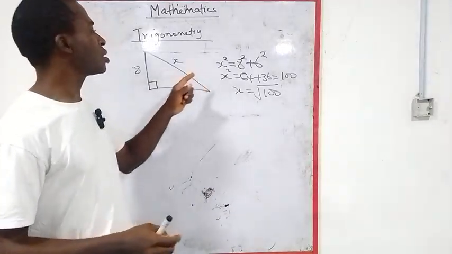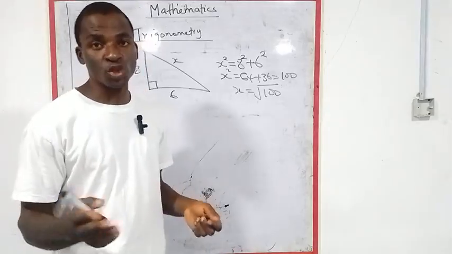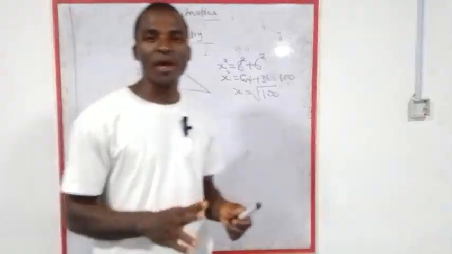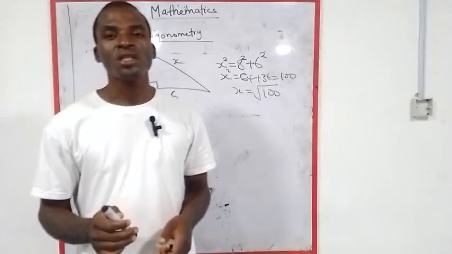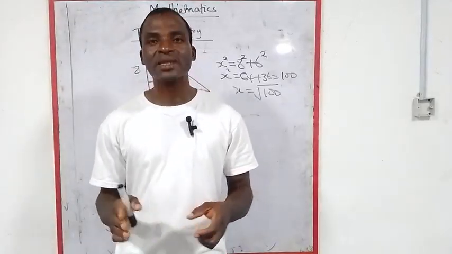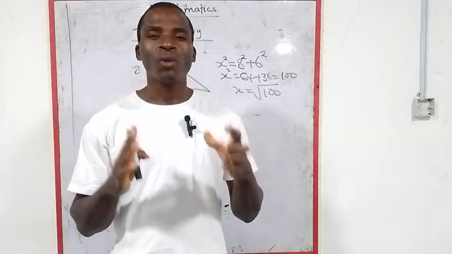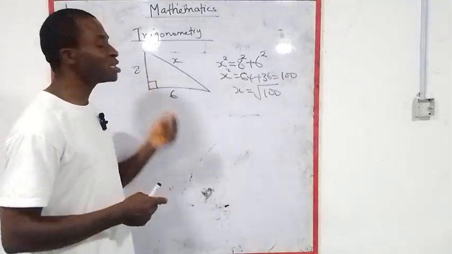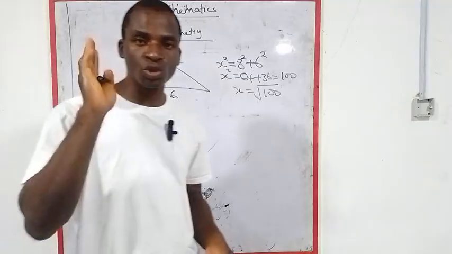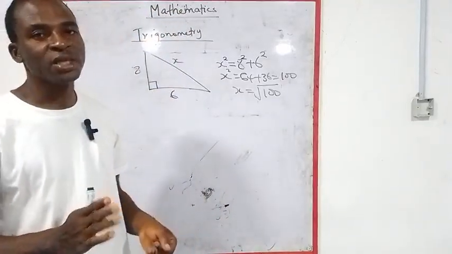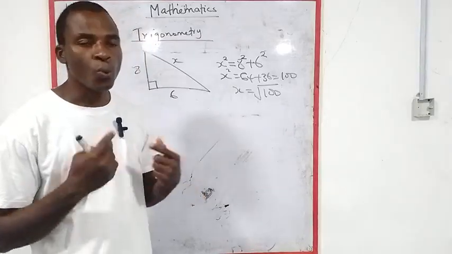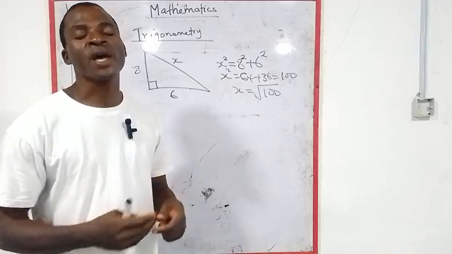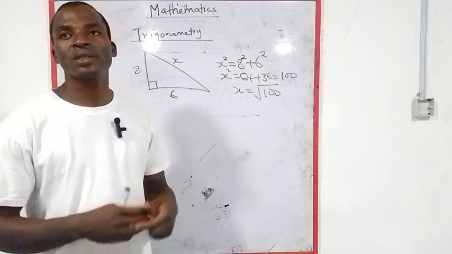We've already done Pythagoras' theorem in our previous video, but the part of trigonometry I want to talk about today has to do with when you are given one side and an angle, how to get the remaining parts in a right-angled triangle. When to use sine, when to use cosine, when to use tan.